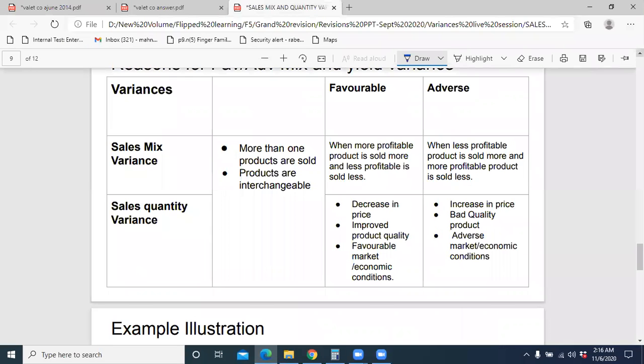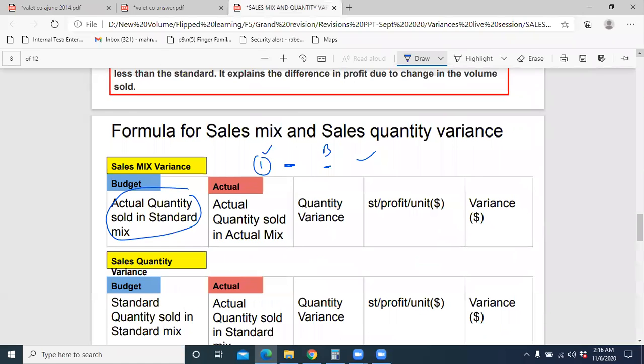Any questions up till now? Don't put budget first, put the actual figure first and then the second figure budget. Actual less budget. Here as well, actual less budget. Budget standard quantity sold in standard mix I put in the second column, and then actual quantity sold in standard mix.